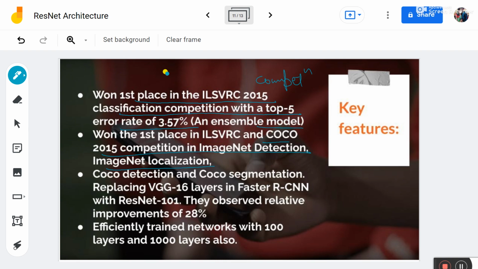All right, so COCO detection and COCO segmentation, replacing VGG 16 layers in Faster R-CNN with ResNet 101. So they observe a relative improvement of 28%. So this is a big number for training. So efficiently trained networks with 100 layers and 1000 layers also.